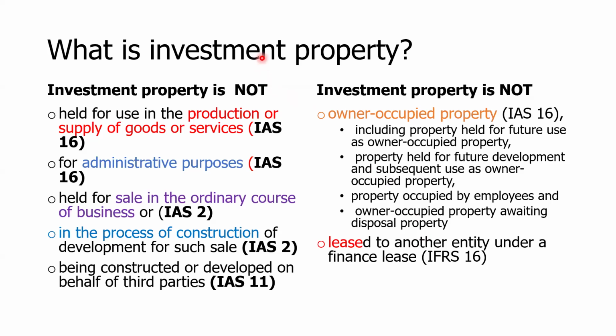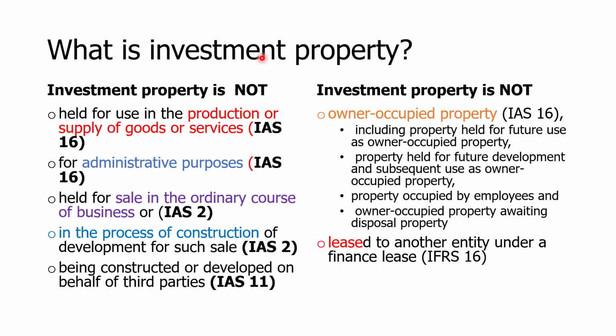So in lease agreements, you have the lessor and the lessee. The lessor is the owner of the property who is leasing it to the lessee, right? So the lessee is like the tenant. The lessee will be reporting in their financial statement leasehold property. Anytime the lessee is preparing their financial statement, they will recognize it as one of their non-current assets because they've been using the asset for so many years.